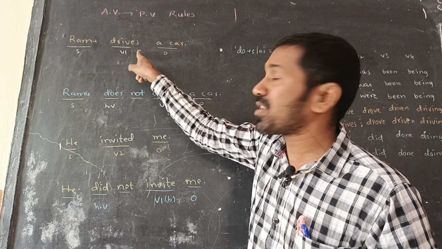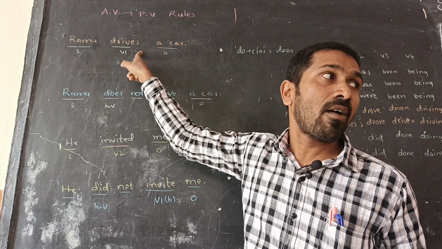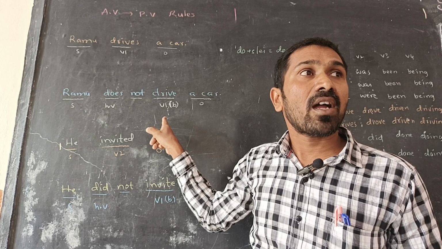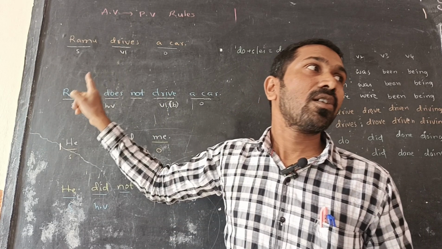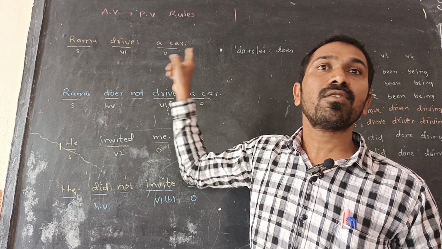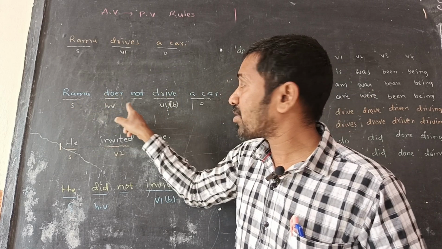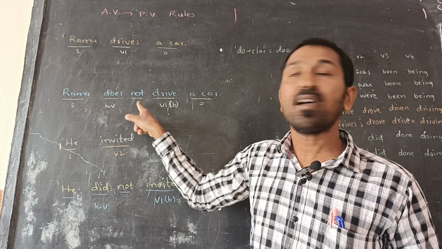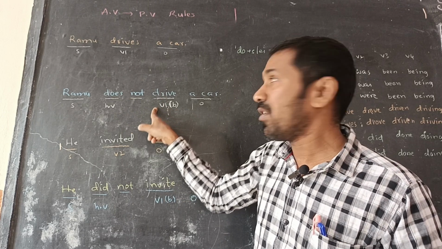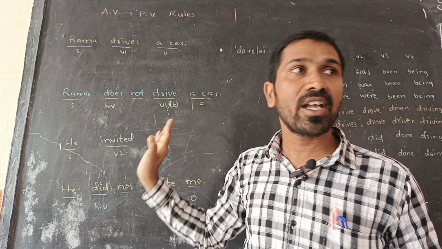So here drive plus s or es, drives, we got. From that s or es we are shifting to the do form. That means do plus s or es is equal to does. Ramu does. Again we can add a negative form: does not drive a car. Now this is a negative statement.